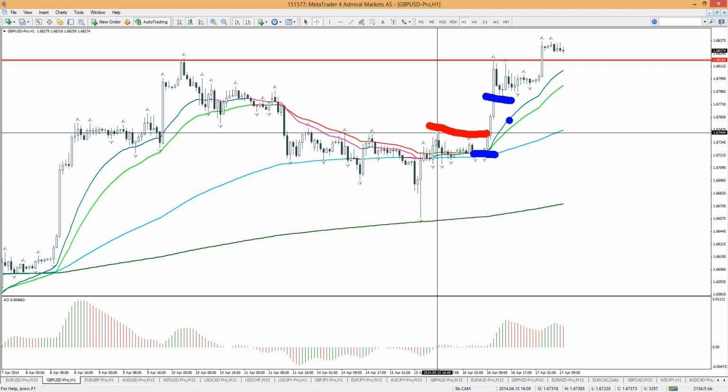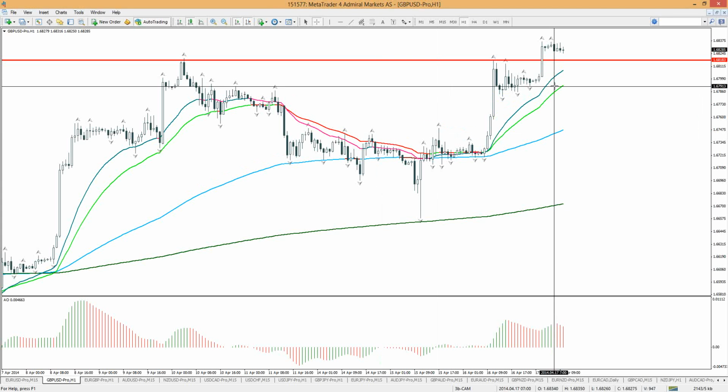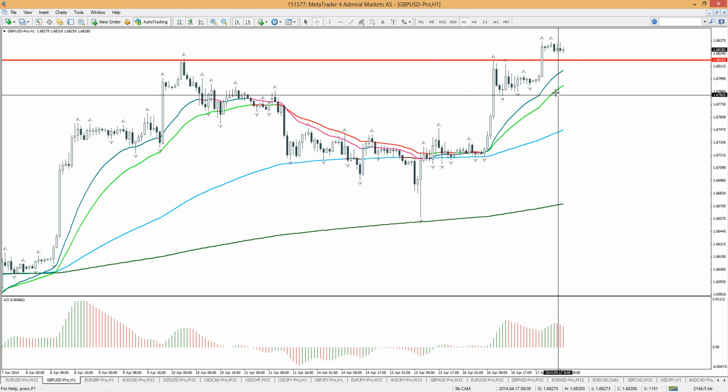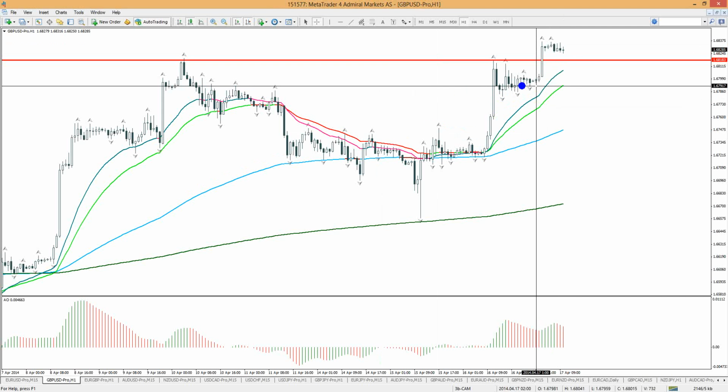But there are two options, I would say. You can move it to break even and hopefully trail stop this because your entry is below this fractal.